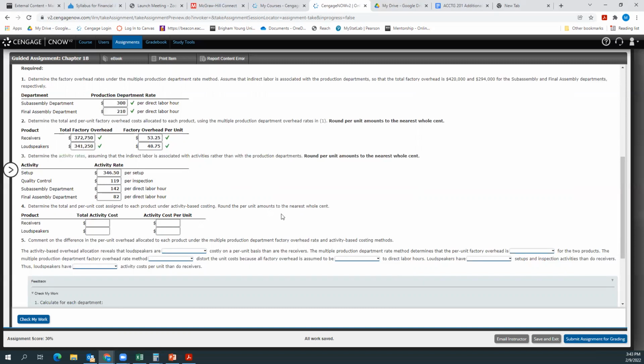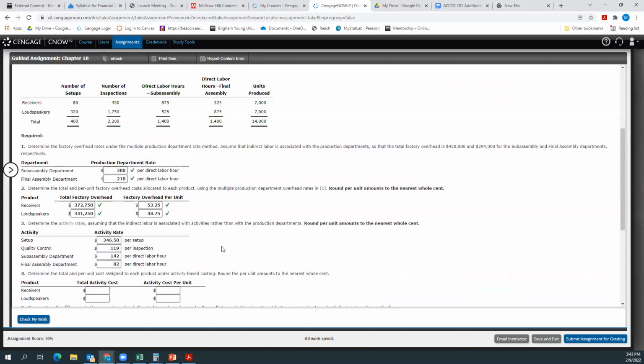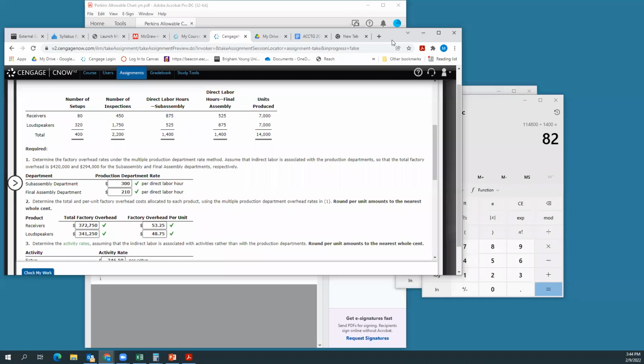So to do that, in essence, for receivers, we're going to have to take the number of setups times the cost per setup, the number of inspections times the cost per inspection, the number of direct labor hours in the subassembly department times the amount allocated per hour, and then the number of direct labor hours in the final assembly department times that cost per direct labor hour. I think it's a little bit easier to work this problem out using Excel.